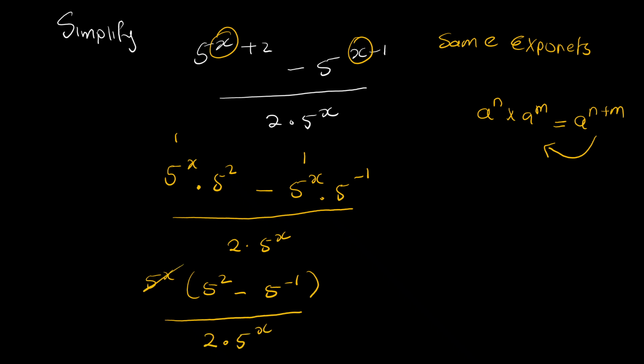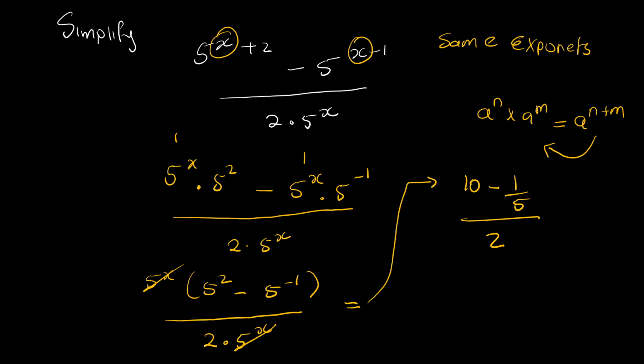So look at this, these two cancel. The top part is just 10 minus, I need to write this as 1 over 5, everything divided by 2. I'm sorry, this is not 10. 5 squared is 25.